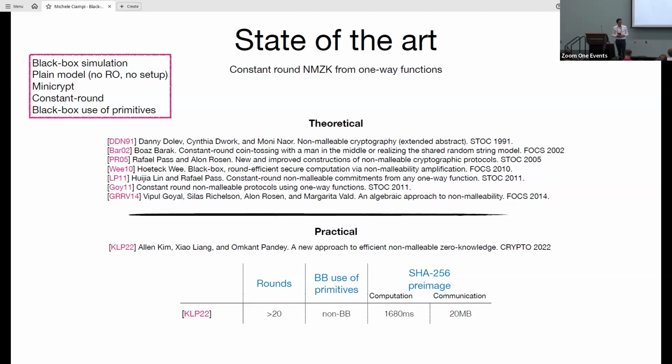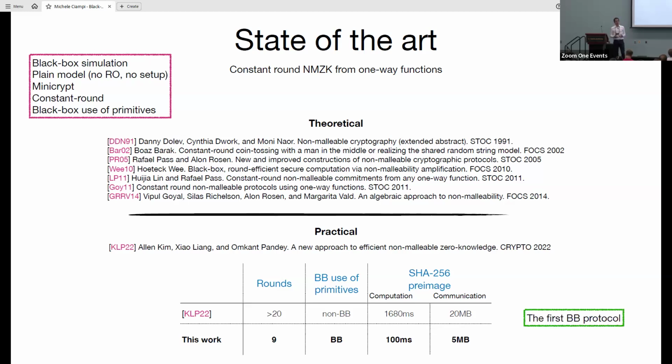Now, what is interesting is that none of these works, not even the ones listed on the theoretical side here, make black box use of the underlying one-way function, of the underlying primitives. What we do in this work is to propose the first protocol that does make black box use of the primitives, and moreover, it improves the efficiency compared to existing constructions.